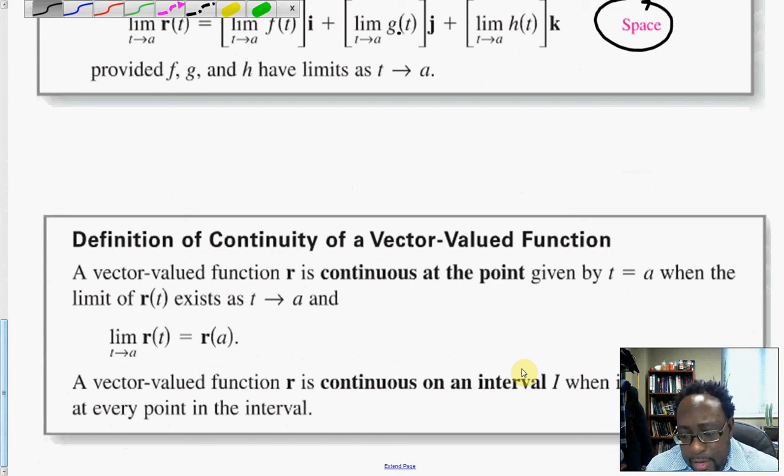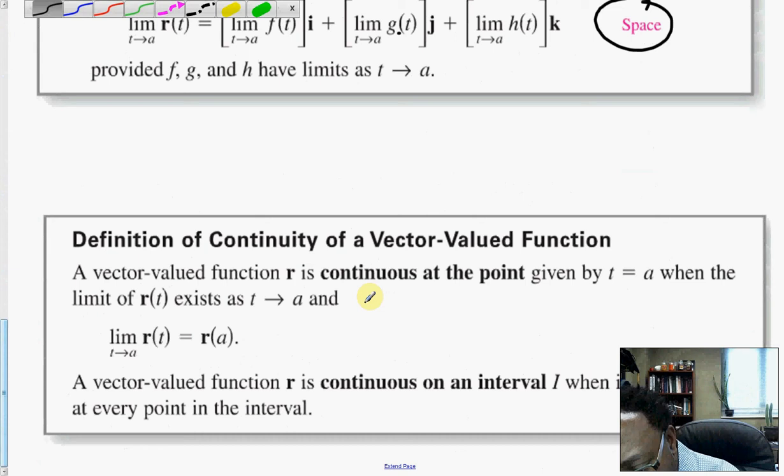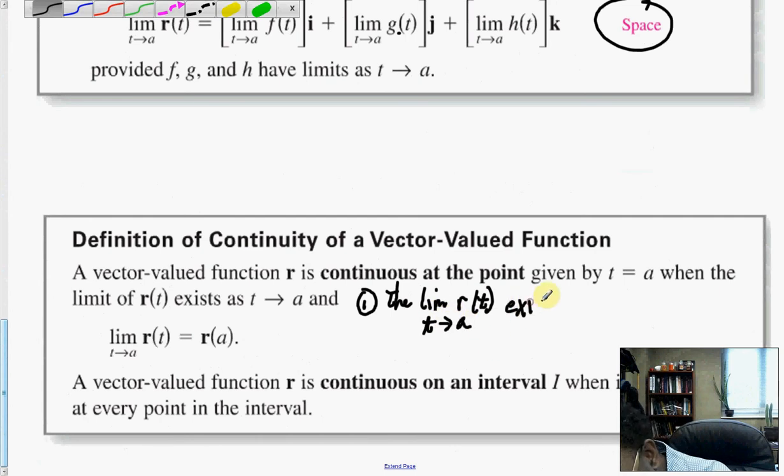A function is said to be continuous if two things, that if the limit of r of t as t approaches a actually exists.